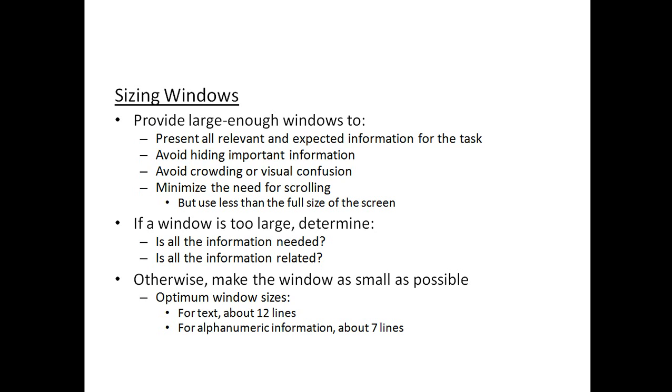When it comes to making a window as small as possible, we are very much interested in the optimum size. For text information, a window size comes with 6, 12 and 24 line windows, and we get fast as well as the most accurate operation or completion with these 12 lines.